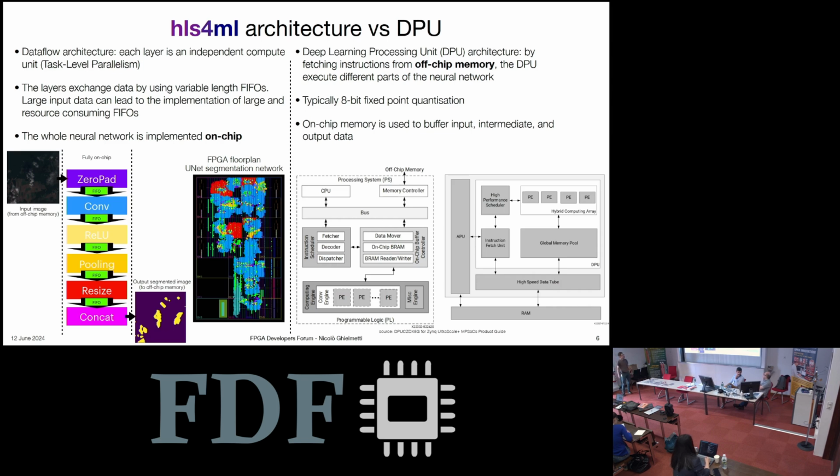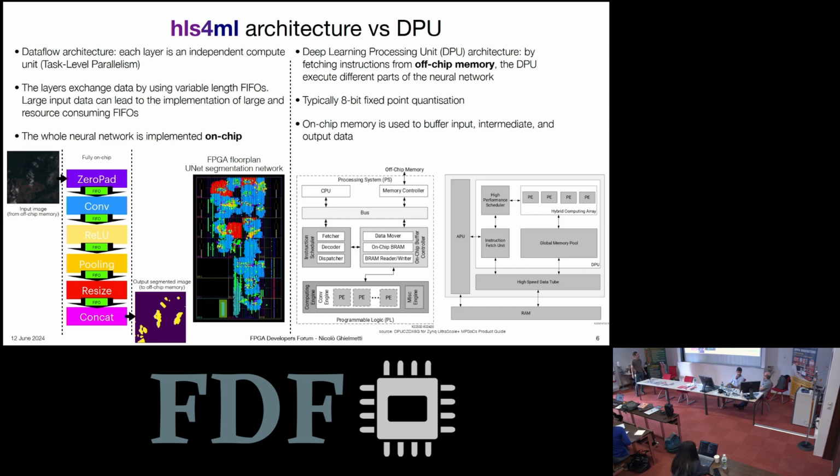Another common architecture used in this context is the deep learning processing unit, that you can see on the right of these slides. The main difference is that a lot is off-chip in this case. On the FPGA, there is an implementation of a programmable application-specific processor, so mainly there is a lot of exchange between the external memory and the FPGA.